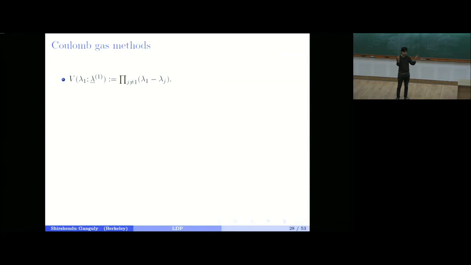It roughly looks like a joint eigenvalue density for a matrix of size n minus 1. So you start from an eigenvalue density with n particles, you want to understand the largest one, ignore everything that depends on it, and everything else looks like an eigenvalue density for a smaller system. The part of the Vandermonde term that depends on lambda 1 is exactly the product of (lambda 1 minus lambda j), where j is not equal to 1. These are exactly the factors that have lambda 1 in them.